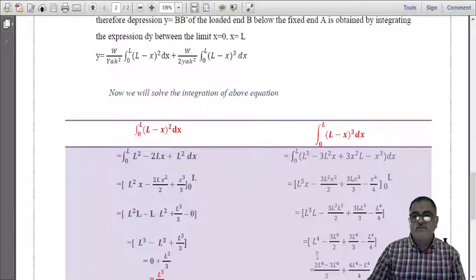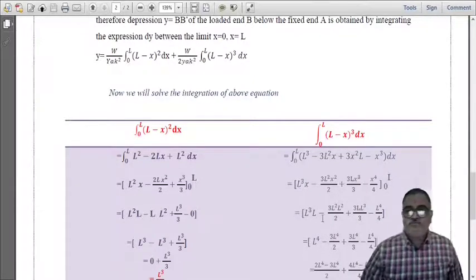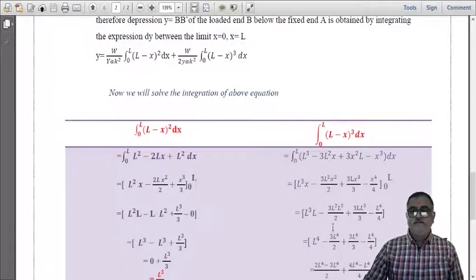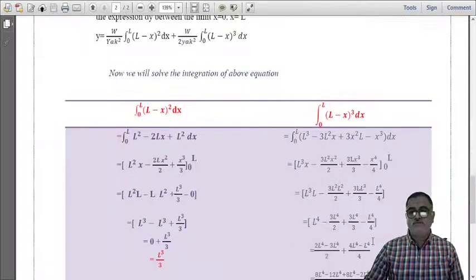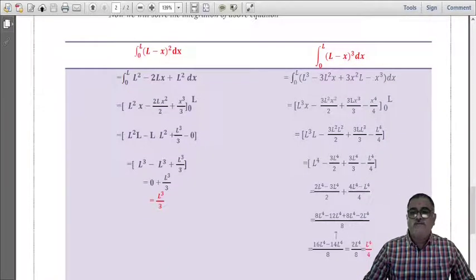By solving this, we will get L raised to power 4 minus 3L raised to power 4 by 2 plus 3L raised to power 4 by 3 minus L raised to power 4 by 4.